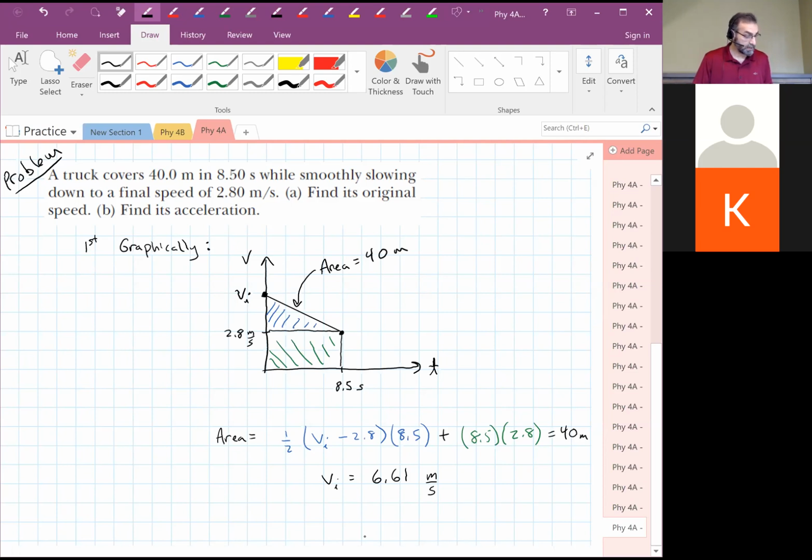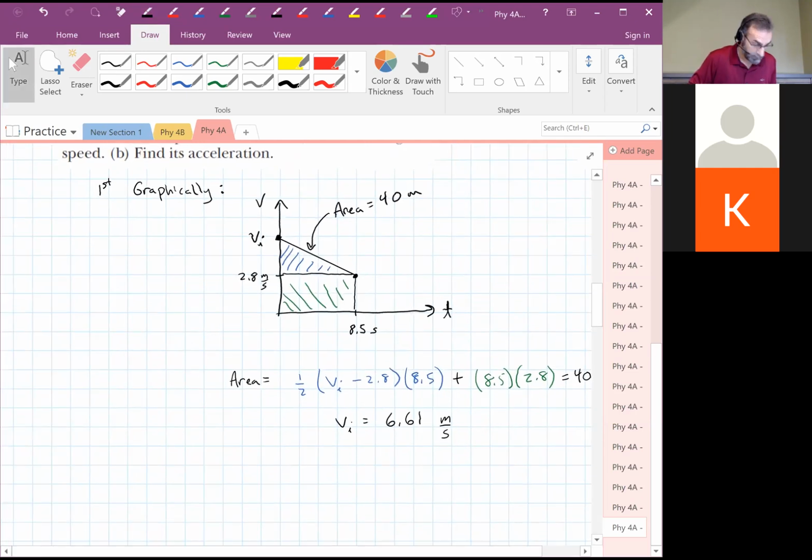Now, how are we going to figure out our acceleration? They asked for two things, right? They asked for the original speed, so we've got that. Started at 6.61 meters per second, ended up at 2.8, 8.5 seconds later, and it covered a distance of 40 meters during that time period. So now we want to know part B, what's the acceleration? Well, the acceleration is just the slope of that line, right? So the slope is the change in velocity over the change in time.